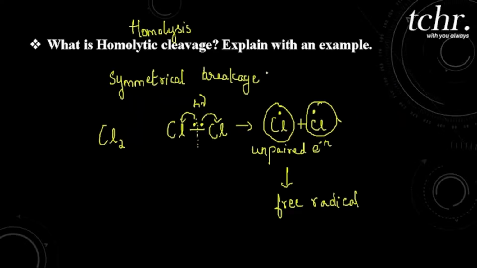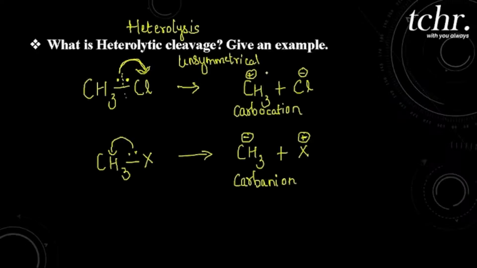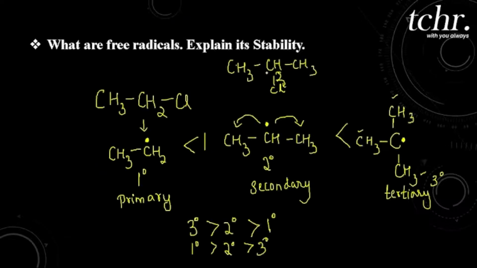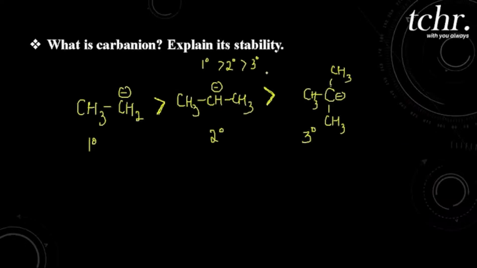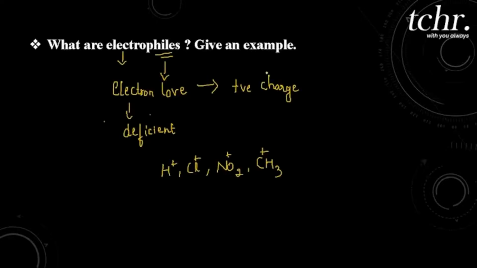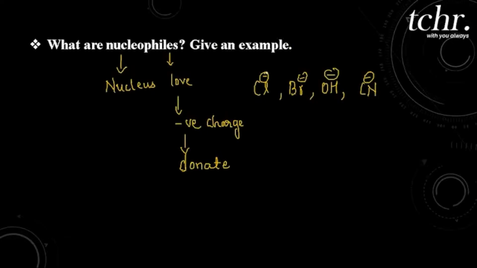Also we understood two types of cleavage, homolysis or homolytic cleavage, heterolysis or heterolytic cleavage, what are free radicals and the stability of them, carbocation and its stability, carbanion and its stability. Also finally we understood the definition of electrophiles and nucleophiles along with the proper example.